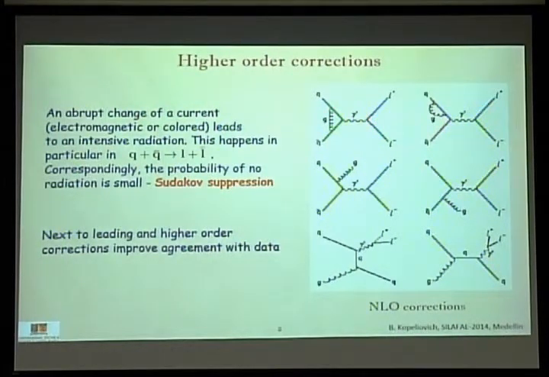For instance, if you have e plus e minus annihilation and you want to produce just two quarks, QQ bar, then it turns out to be pretty difficult, because in QED, when you have any abrupt variation, change of your electric current, you immediately produce radiation.